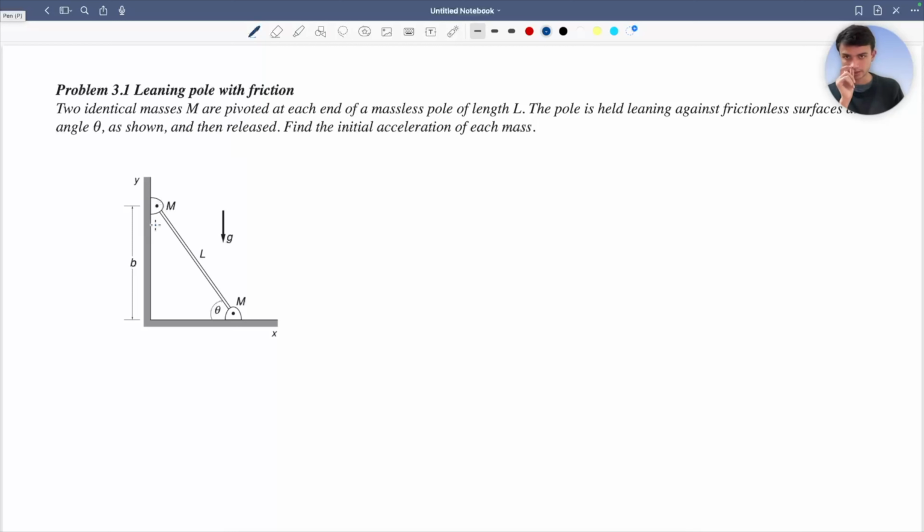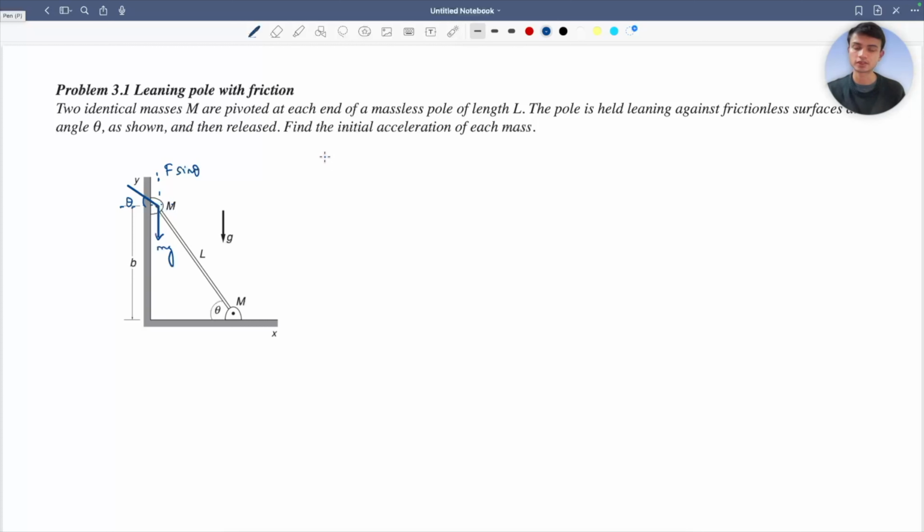All right. So here, definitely step one, go with the free body diagram. In this direction, I have weight mg. In the y-axis, you have a force F sine theta.